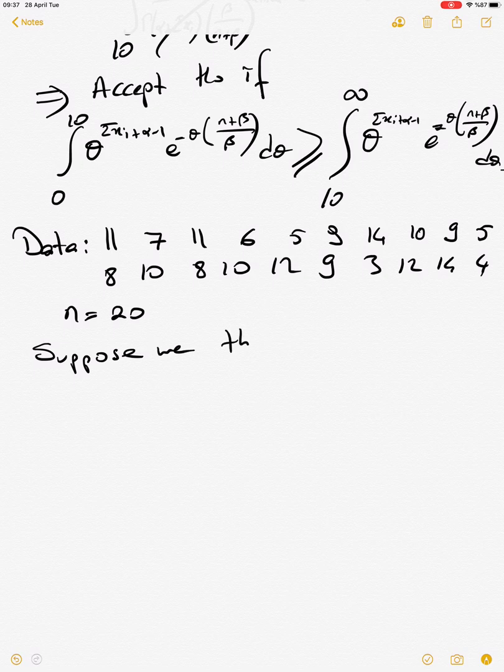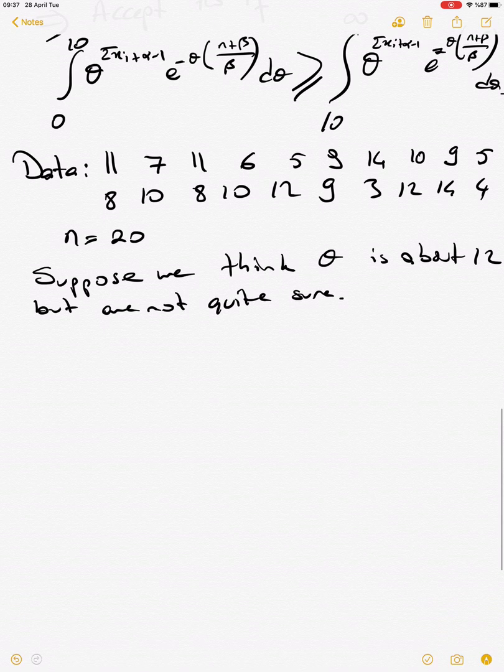We have this prior information also. Suppose we think theta is about 12, but we are not quite sure about that.